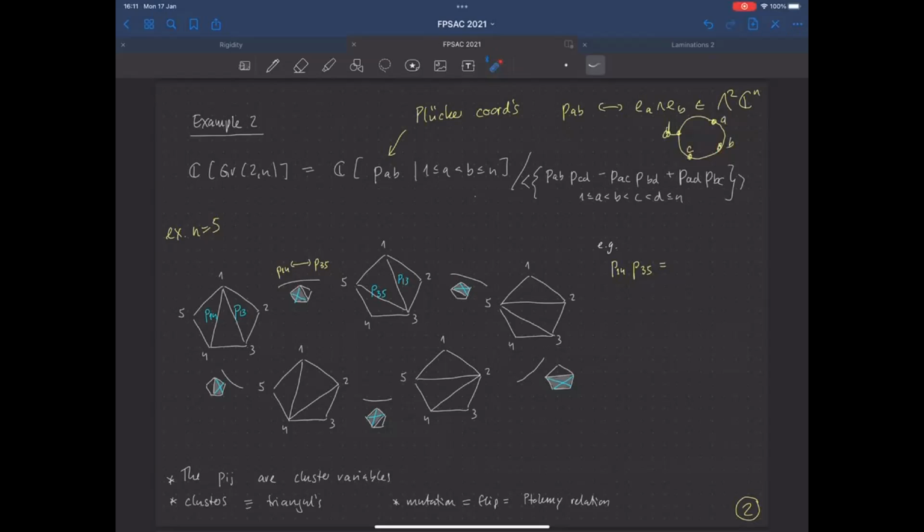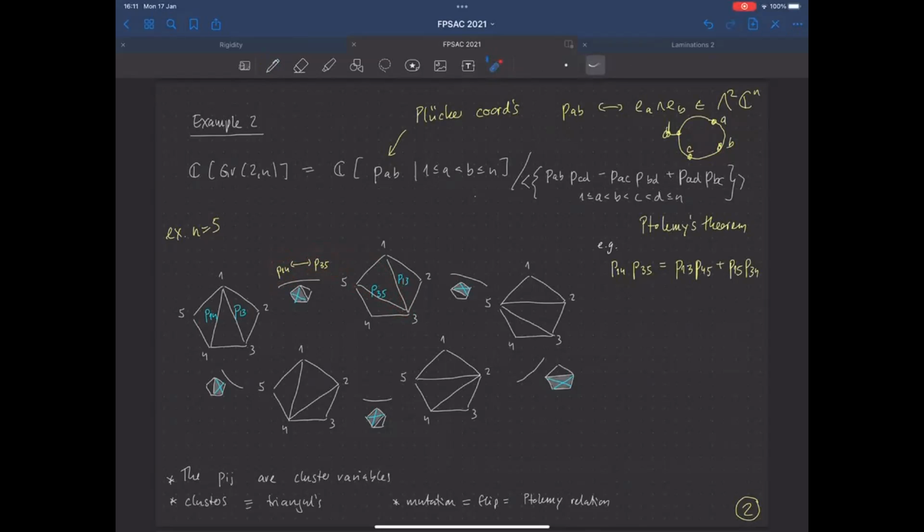So if you think of these diagonals as formal variables P_AB, then the Ptolemy rule would tell us that, say, P14 and P35 are in the relation P13 P45 plus P15 P34.